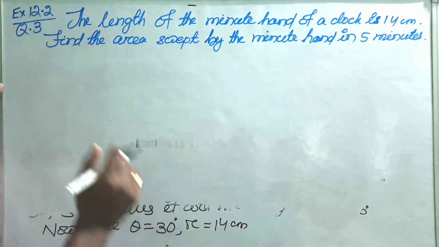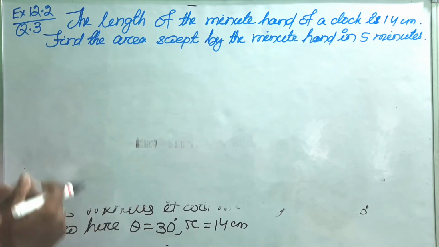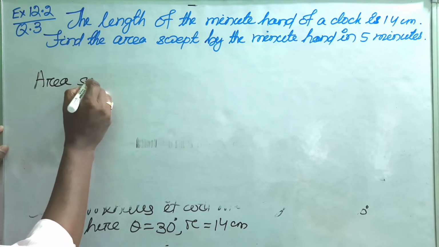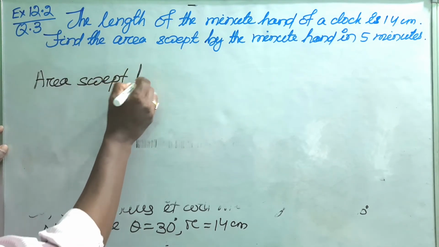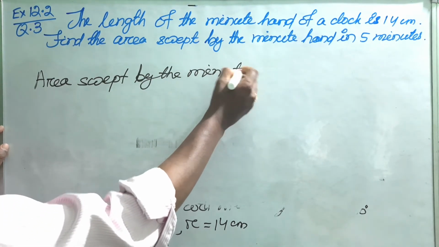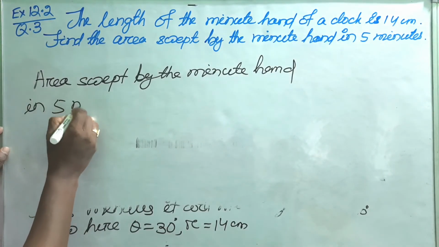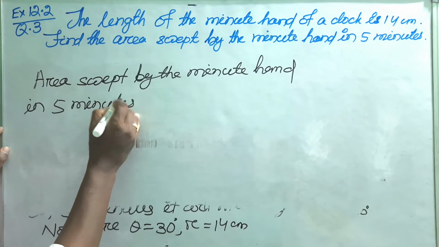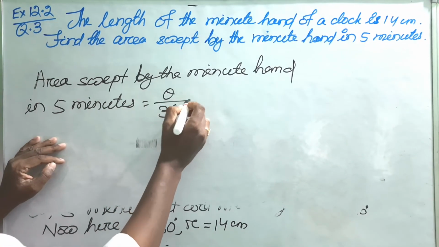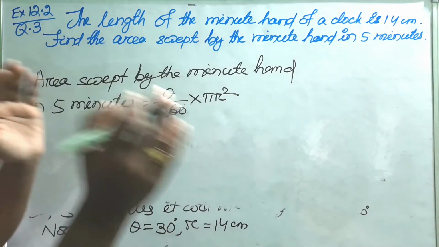The area swept by the minute hand in 5 minutes is theta by 360 degree into pi r square. So this is the formula for finding the area of a sector.